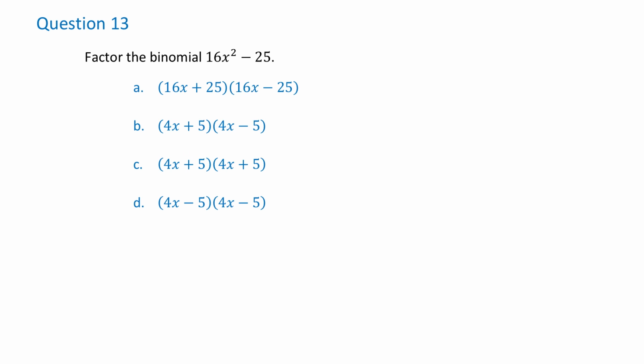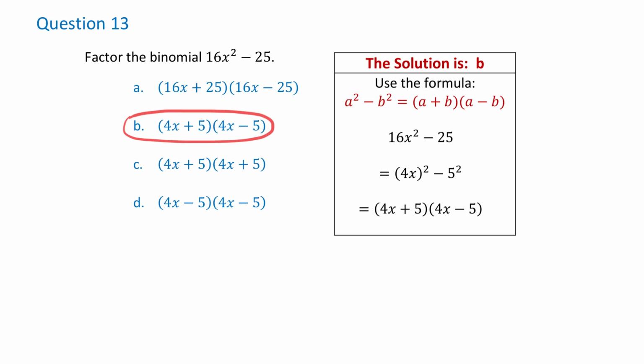And now let's see the correct answer. The correct answer is B. The given binomial is a difference of two perfect squares. We can write 16x squared as 4x all squared, and we can write 25 as 5 squared.